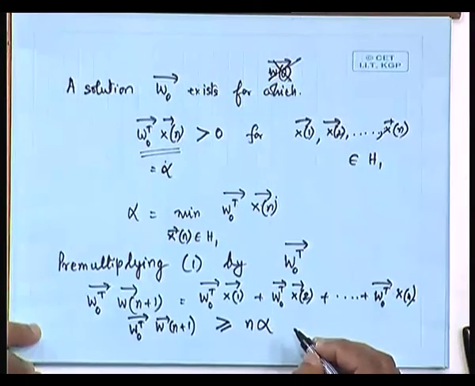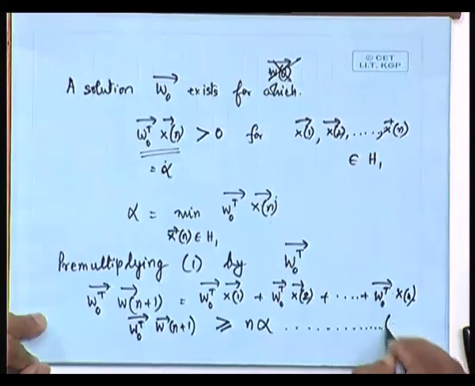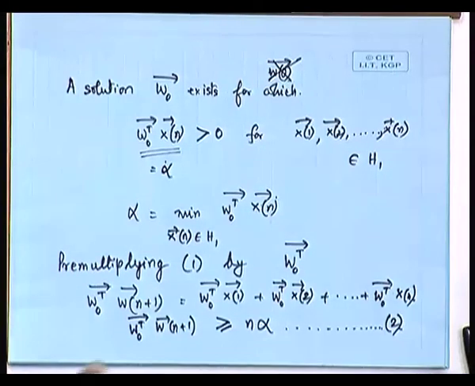Let us understand this is a very important bounding expression. I will call it equation number 2, which definitely gives us some limit on this W transpose. Let us remember this result from this analysis.